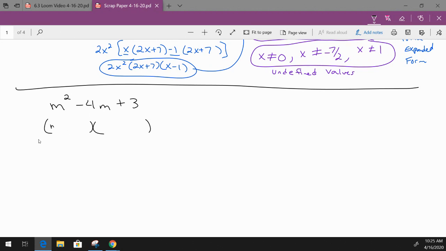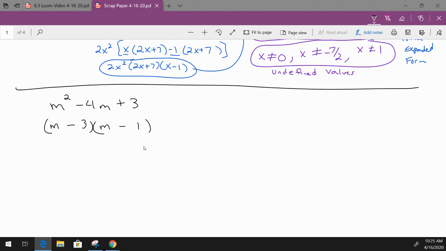Your m squared would factor into m and m. 2 numbers that multiply together equal 3, that add up to 4, 3 and 1. Since the 3 is positive, you know your signs have to be the same, but they have to add up to a -4, so they're both going to be negative. So if you were just factoring this trinomial, this would be your 2 binomials.